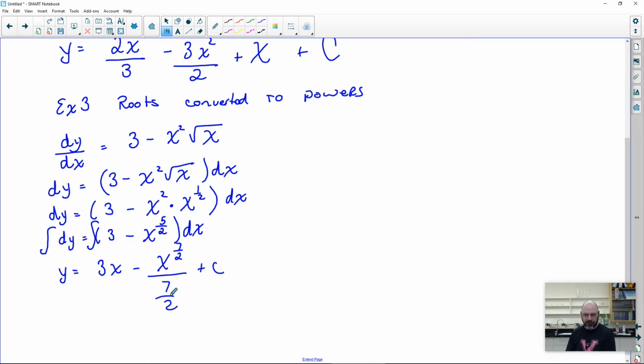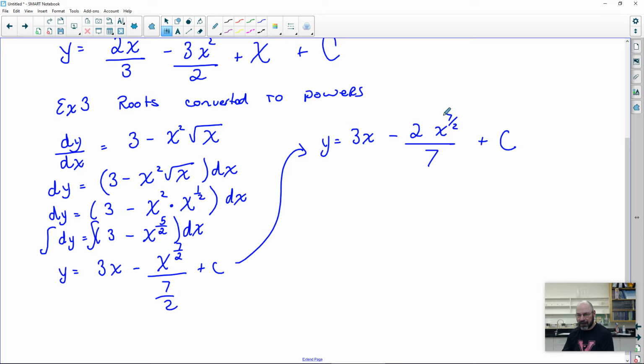Okay, now we can do some simplification here. Since we're dividing there, we invert and multiply. So this would give us y equals 3x minus 2x to the 7 over 2 over 7, plus our c.